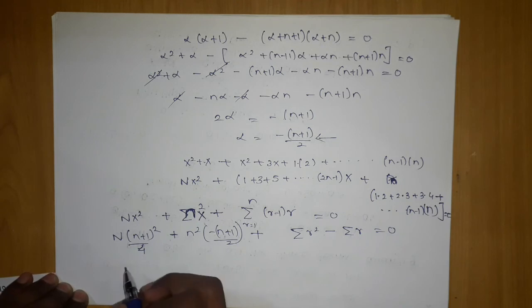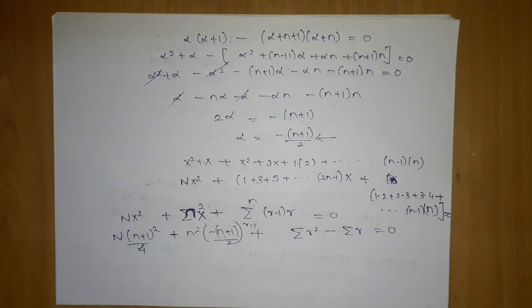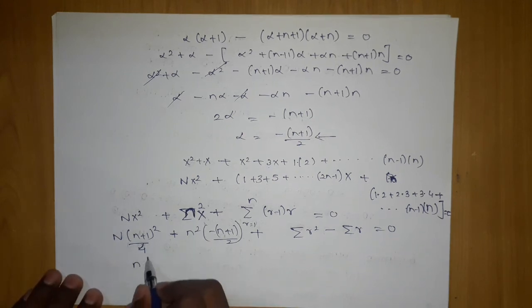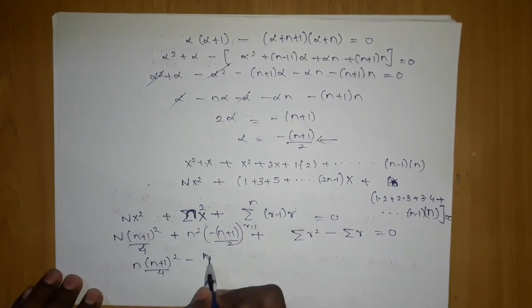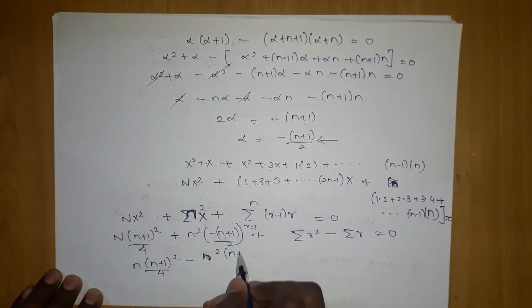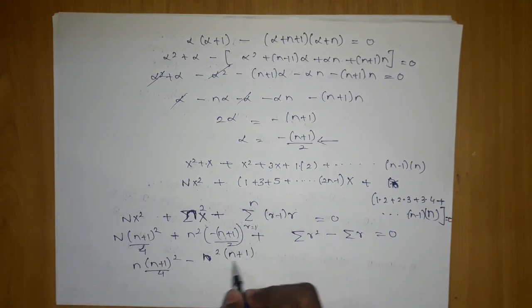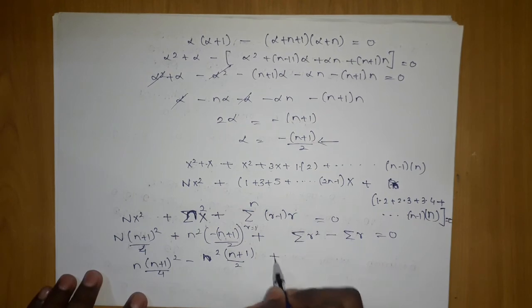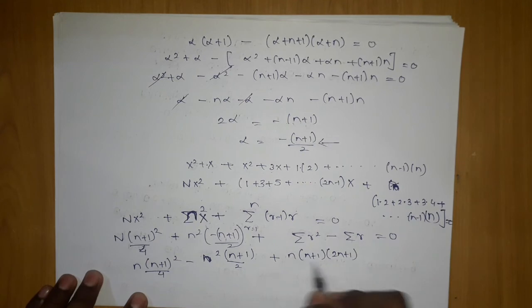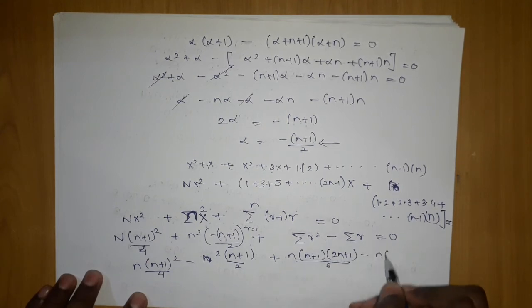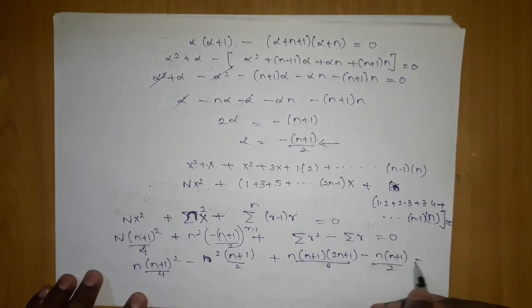If I open it further, I will be left with n into (n plus 1) by 4 the whole square, minus n square into (n plus 1) by 2, plus n into (n plus 1) into (2n plus 1) by 6, minus n into (n plus 1) by 2, should be equal to 0.